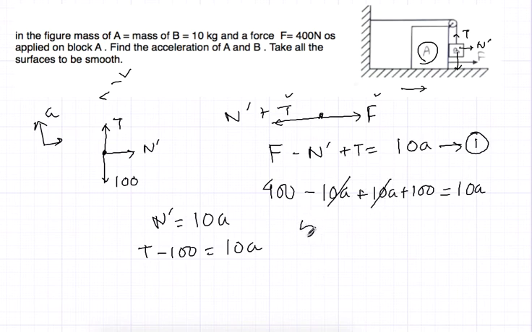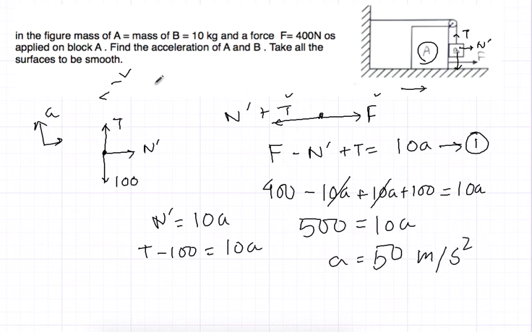So we get 500 equal to 10a, so a equal to 50 meters per second square. So this body will move with 50 meters per second square in this direction and this direction. So the net acceleration of B will be root 2 into 50 meters per second square, if you are seeing from the inertial frame.